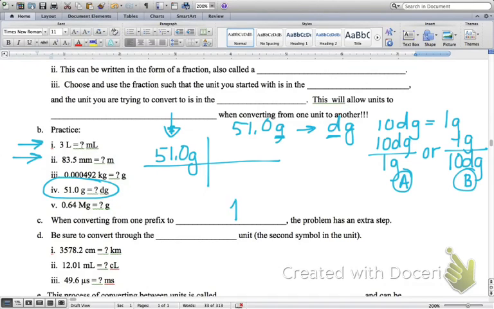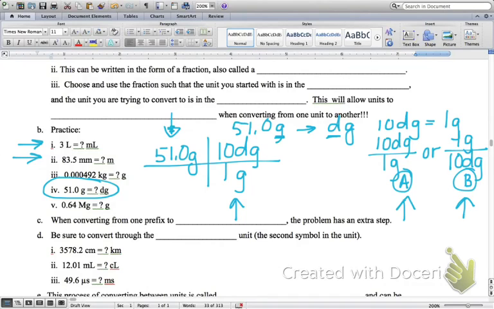And now in the second part of the train tracks, I'm going to put one of these two conversion factors, either A or B. Only one of them is the right conversion factor to use to solve this particular problem. In this case, I would want to use conversion factor A and orient it such that 10 decigrams goes on the top and the 1 gram goes on the bottom.